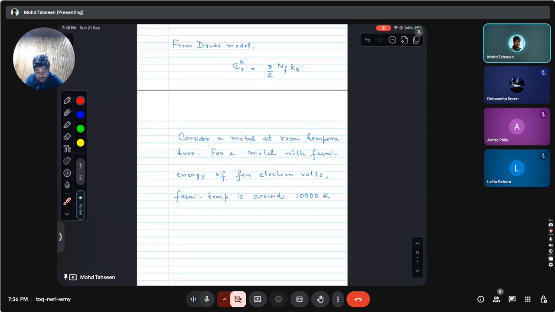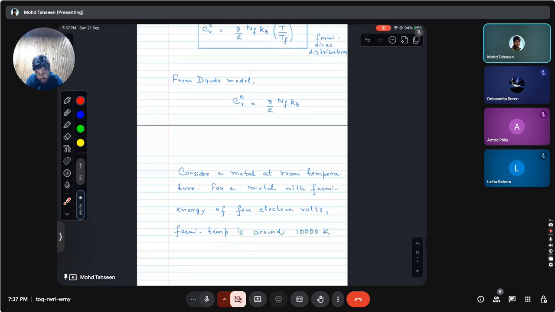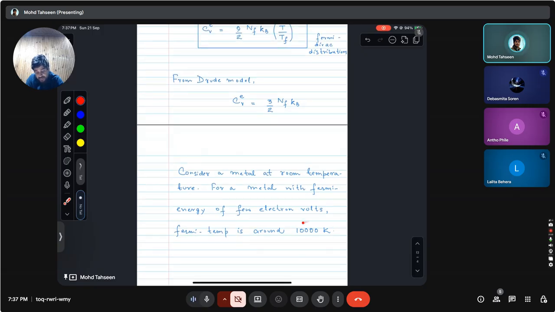And for metals, it is the case that you cannot have more than this Fermi energy. Fermi energy is of the order of this, and even for a few semiconductors as well. So this is the ballpark value for the Fermi temperature.